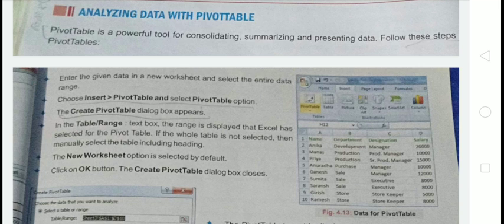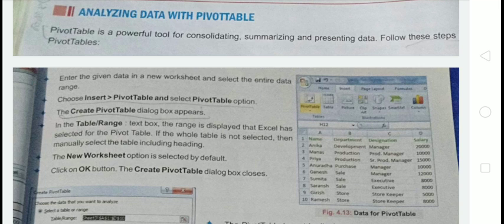Enter the given data in a new worksheet and select the entire data range. Choose Insert, Pivot Table and select Pivot Table option. The Create Pivot Table dialog box appears. In the Table or Range text box, the range is displayed that Excel has selected for the pivot table.